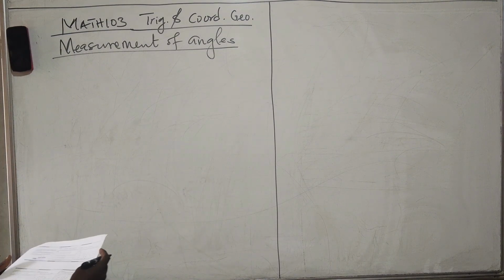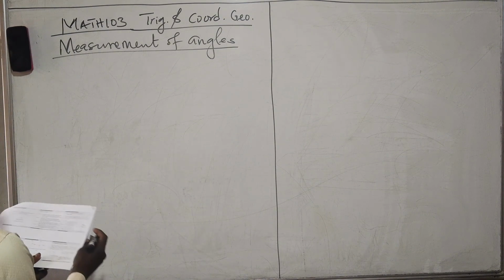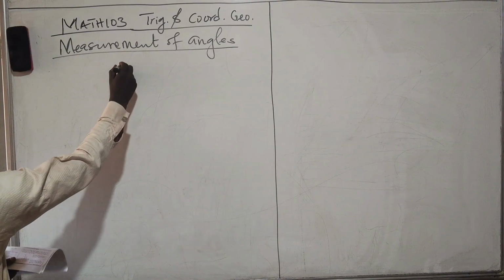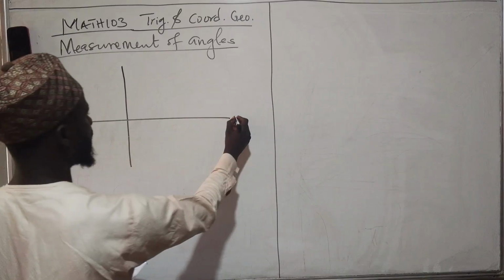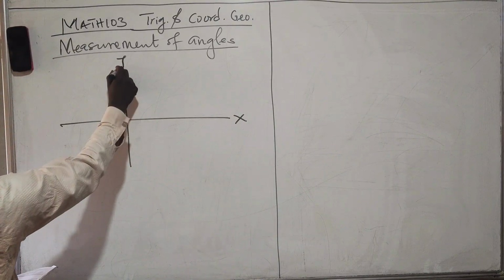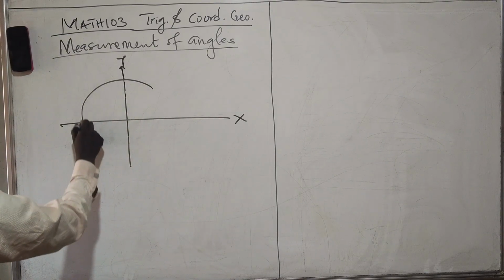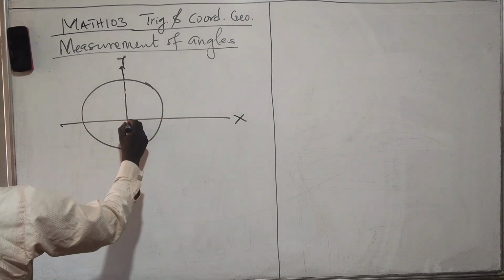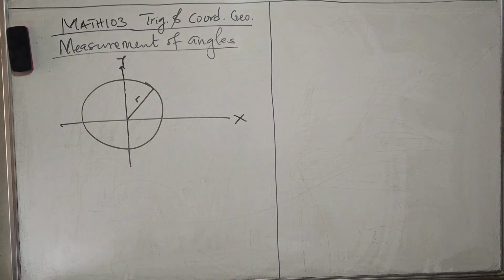So consider this diagram. This is the Cartesian plane, x-axis and the y-axis. And we have a circle. So this is the radius of the circle, r.